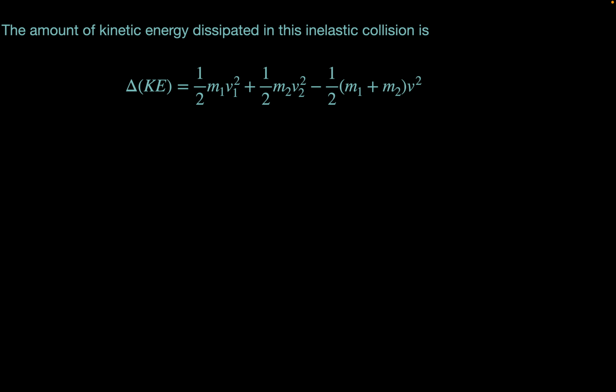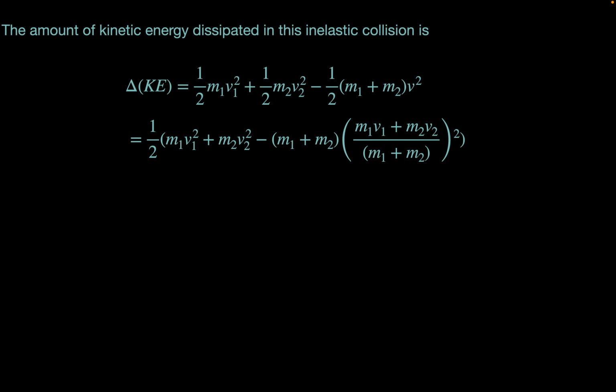The amount of kinetic energy dissipated in this inelastic collision is delta KE equals half m1 v1 square plus half m2 v2 square minus half (m1 plus m2) v square, or this will be equal to half m1 v1 square plus half m2 v2 square minus half (m1 plus m2) multiplied by ((m1 v1 plus m2 v2) divided by (m1 plus m2)) whole square.